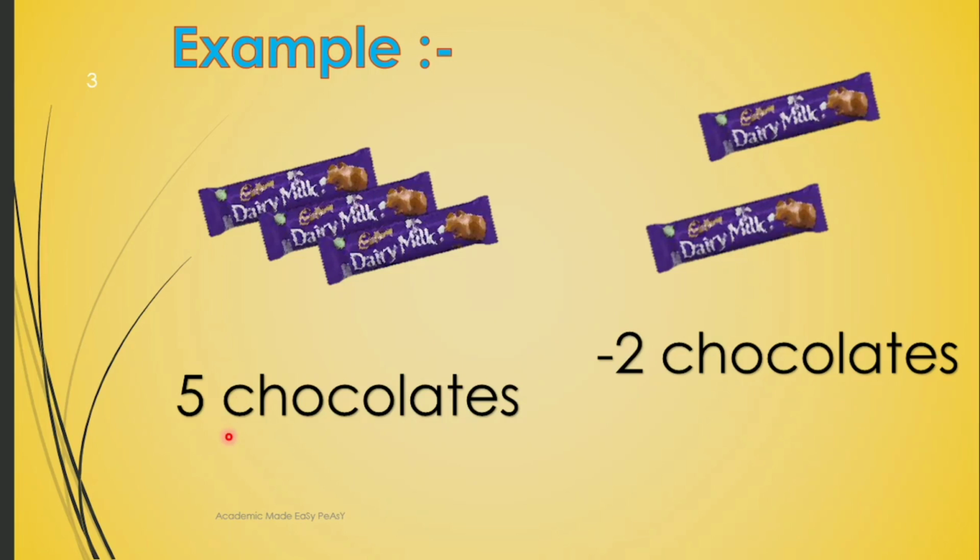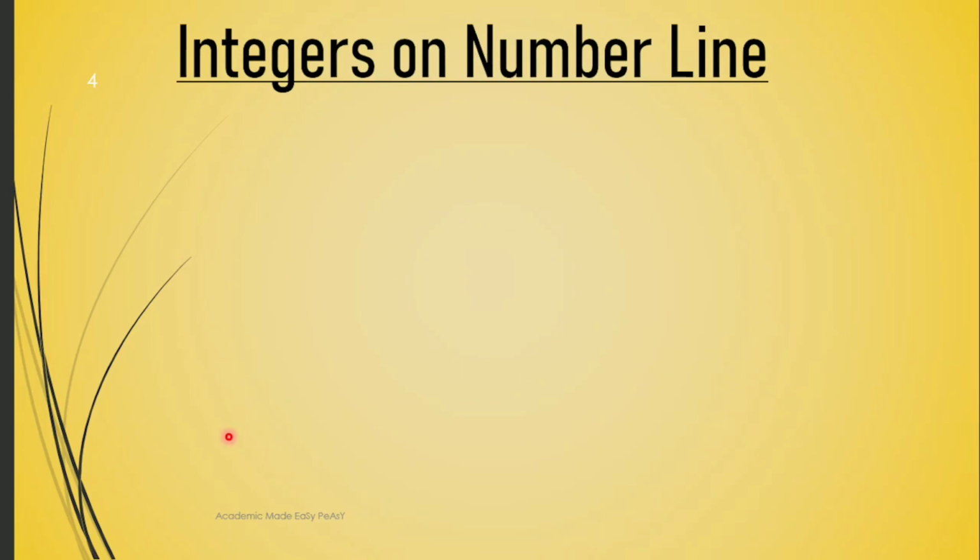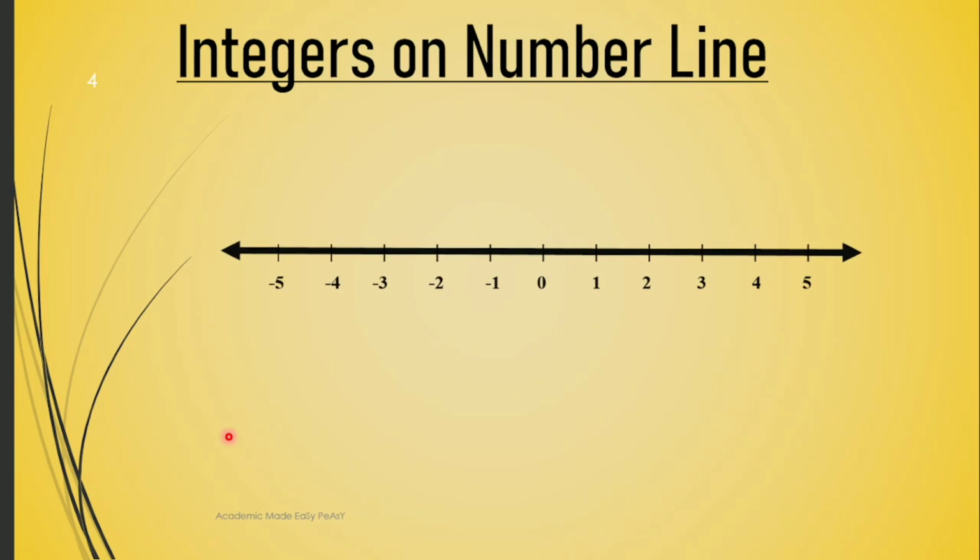Okay, next. The most important part is integers on a number line. You will become very familiar with what a number line is and how to do calculations on a number line. So now let us see integers on a number line. As you all know, this is how a number line looks.